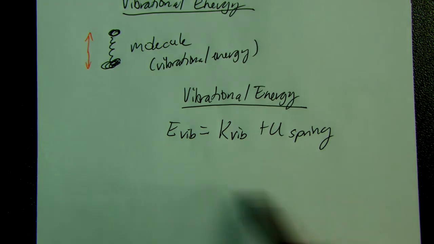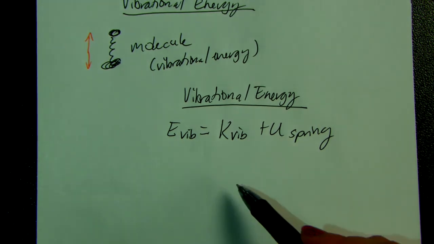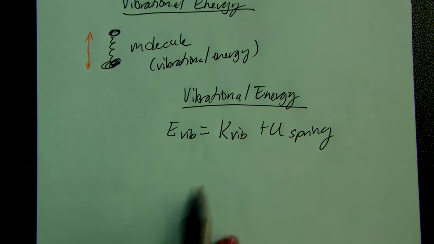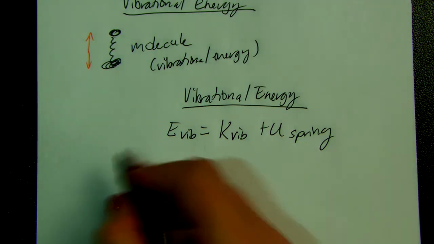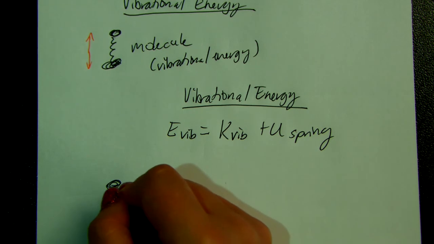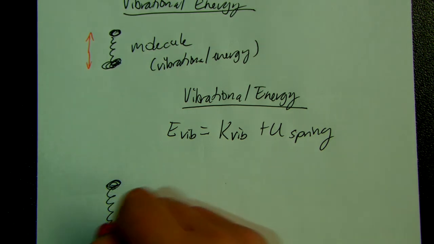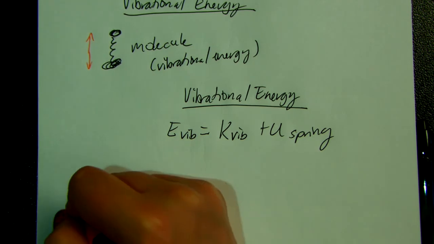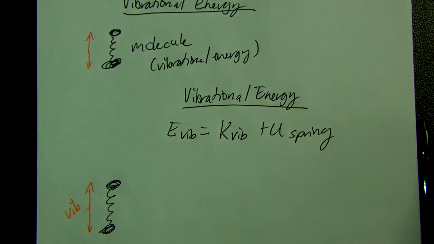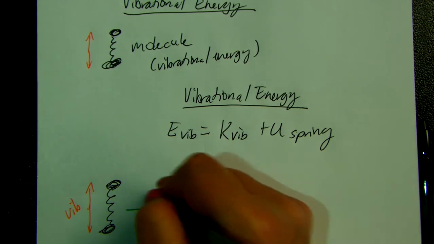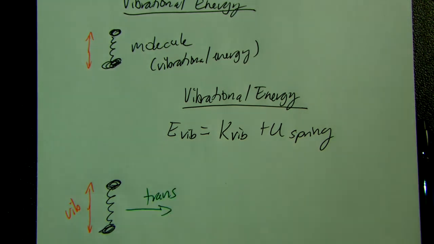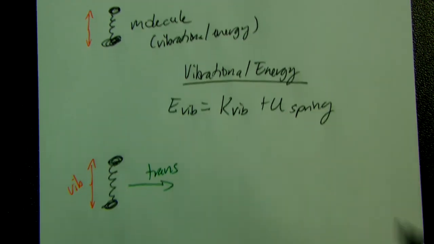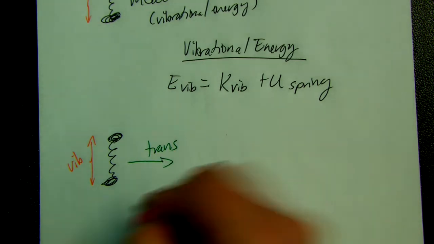Okay, so now we can combine this with the translational kinetic system. So now we'll take our little vibrating molecule, so it's vibrating and translating, and so we can write the energy principle.